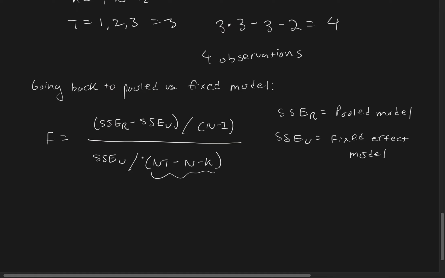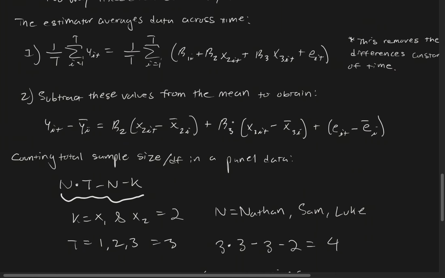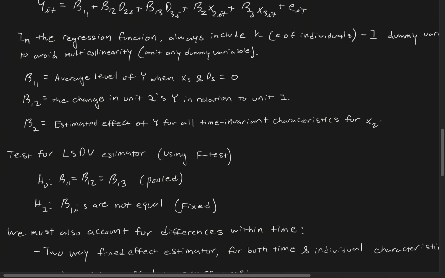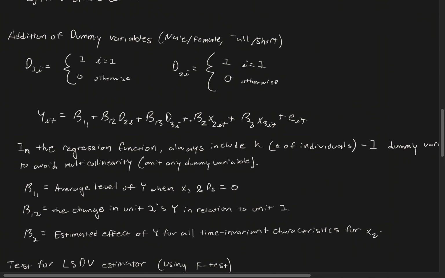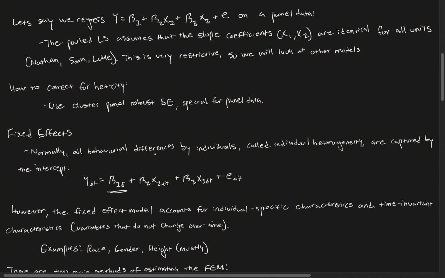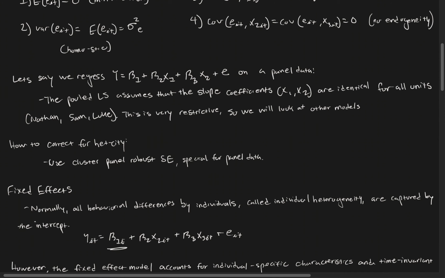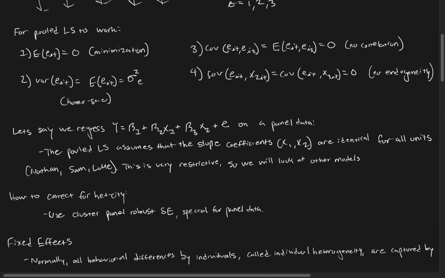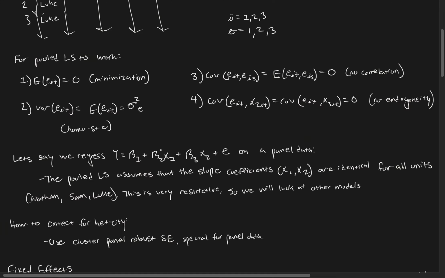And the sum of squared errors for the restricted and unrestricted will be given by the restricted being the pooled and the unrestricted being the fixed effect, because the pooled is saying that these coefficients are the same over individuals, or the same over time.